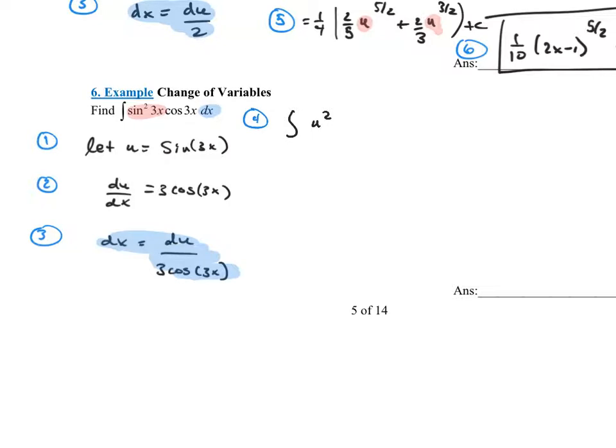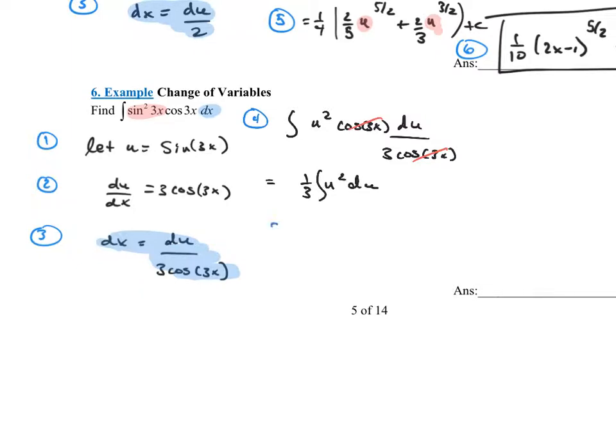We still have the cosine of 3x, but then we multiply it by dx, which is du over 3 cosine of 3x. When we do that, notice the cosine of 3x is simplified. We have our constant multiple of 1/3, so I'm going to pull that out in front. This is going to be 1/3 times the integral of u squared du.